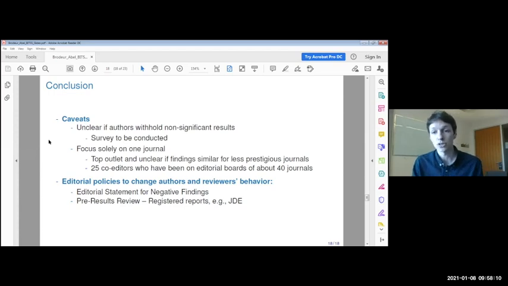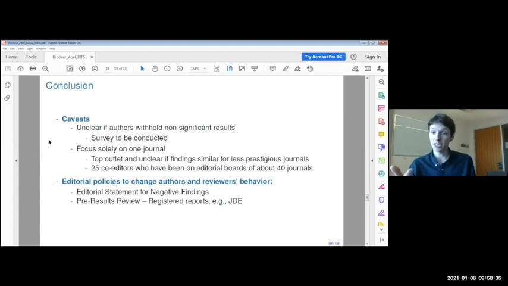So these editors at the Journal of Health Economics, all these journals of health economics, they put forward an editorial statement asking health economists to send them papers that do not reject the null hypothesis. And each time you referee a paper for one of these journals, they remind the referee that what they care about is the quality of the study, not whether the results are statistically significant or not.